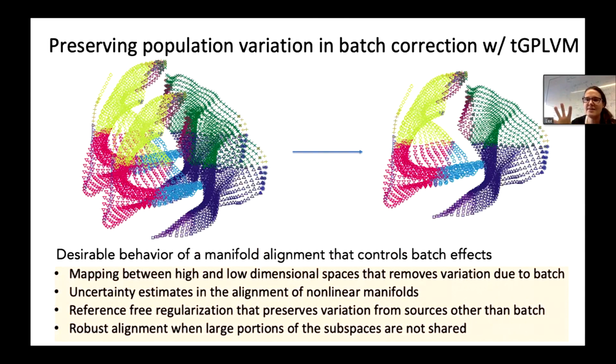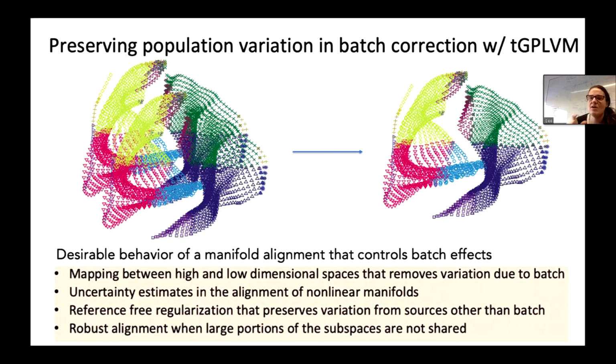Taking these ideas, the next thing that we really wanted to do was use our model for batch correction. The idea, again, is that we have a handful of single-cell RNA sequencing data sets from a bunch of different individuals from a population, where we've also measured genetic variation, for example, or other types of covariates, such as exposure to a drug or time series data.